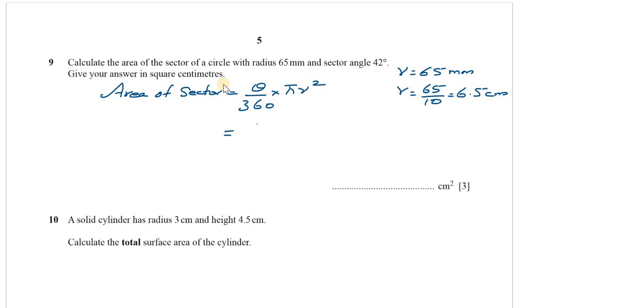Sector angle is 42 degree. That divided by 360 into pi into r square. R is given here, 6.5 centimeter. So R is replaced by 6.5, that is 6.5 square. Now I can use the calculator and find the answer.